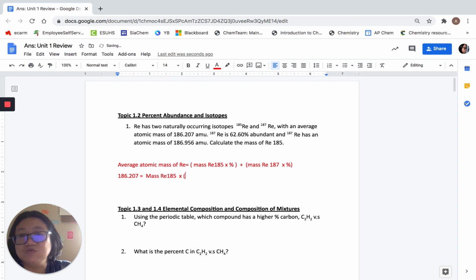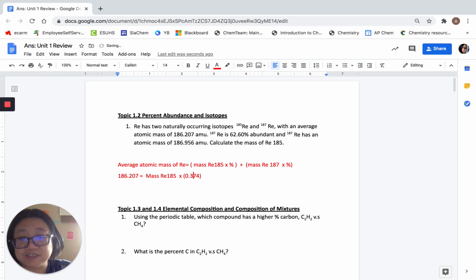In this case, you do know the percentage. Percentage is out of 100. The percentage of 187 is 62.60. We'll just do 100 minus that, or you can do 1 minus 0.626. So we're going to get 0.374.